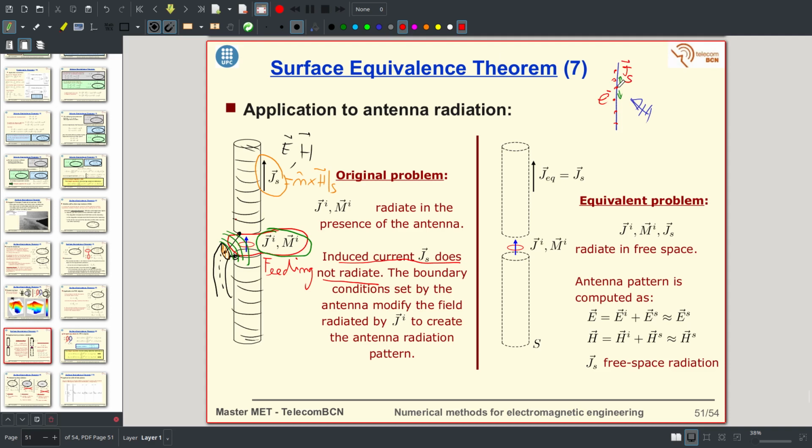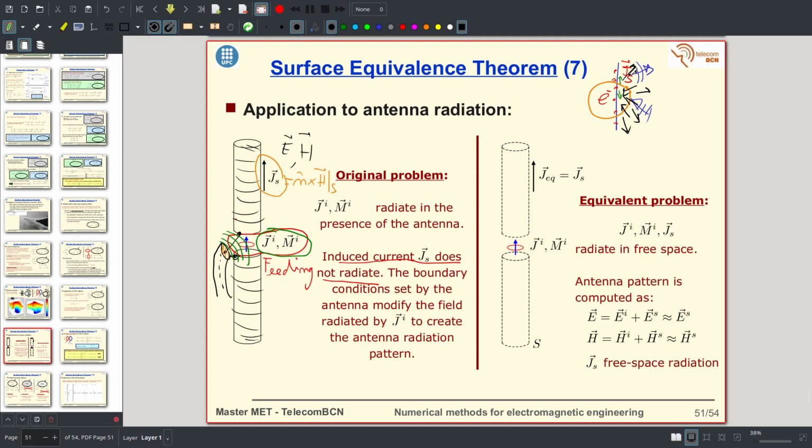But observe that the electrons absorb power from the incident field, and this power is then re-radiated by the induced current, so the total power balance is zero. If we create a surface here around the electrons, the power that enters the surface due to the incident field is equal to the power that exits the surface due to the re-radiation of the induced currents.